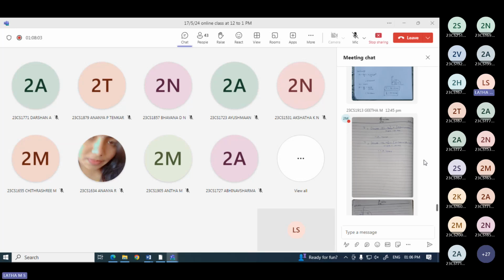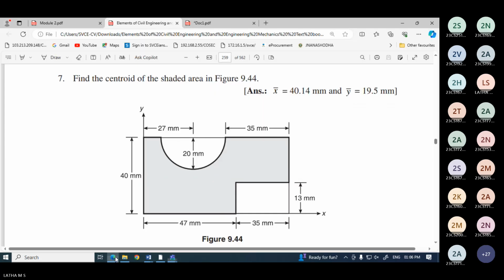Leaving the figure, you tried doing it. Not possible, Geeta. Now try to work on this problem. Get the answer quickly.